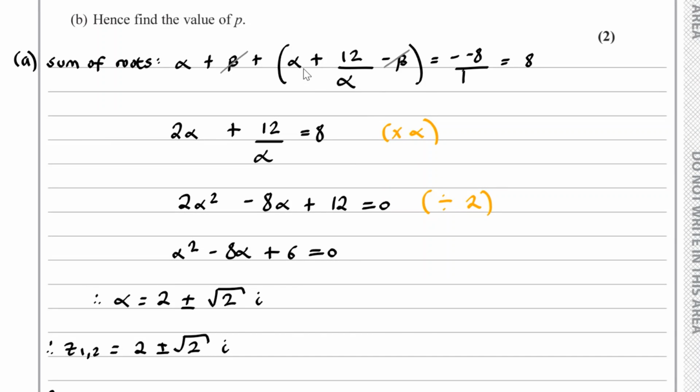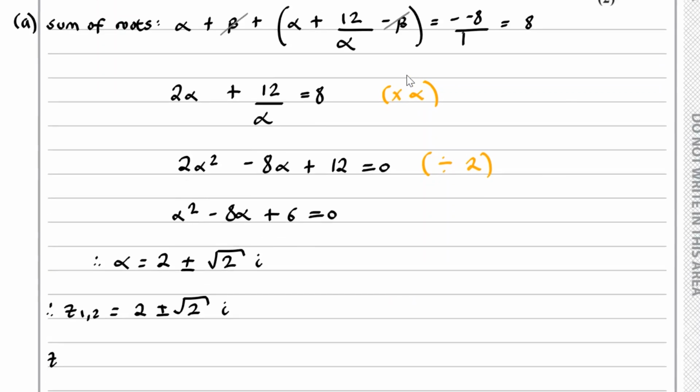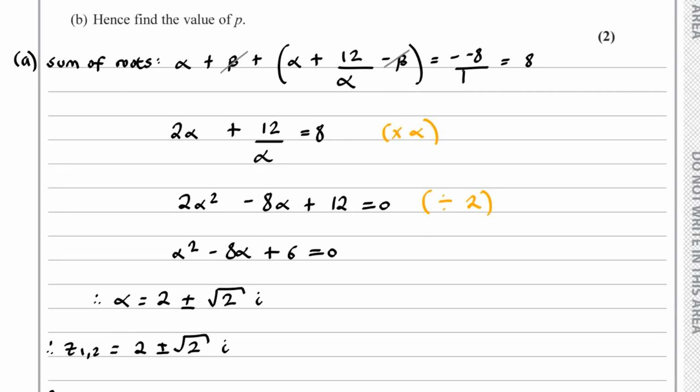Now it doesn't matter what alpha and beta are. Well, here we can say alpha is equal to 2 plus root 2i. Obviously the complex conjugate part, that'll be beta. We can say beta is equal to 2 minus root 2i. Obviously those being the 2 roots.